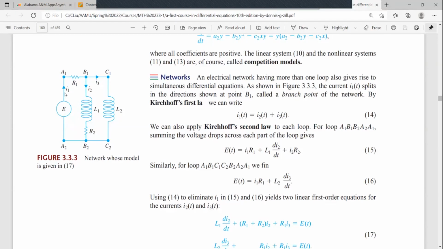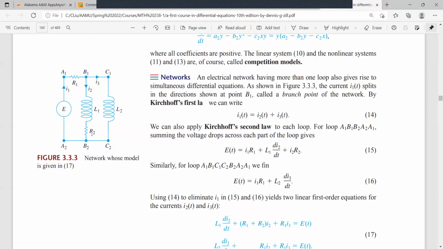If you consider the flow of the currents, I1 in the major branch will split into two branches, I2 and I3. Then we can write down differential equations and some other equations to describe the flow of current in the network.